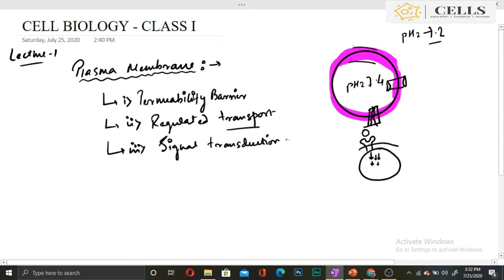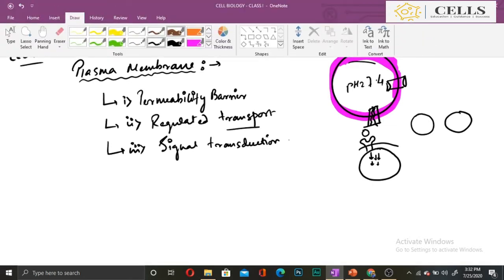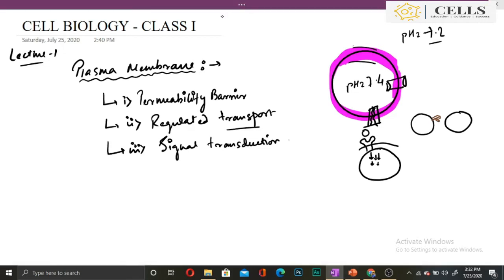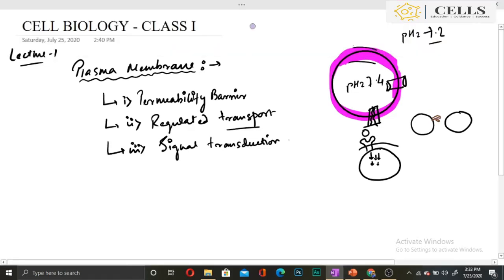Now suppose we have a cell. This is one cell, this is another cell, and this is the plasma membrane, and there are different kinds of cell adhesion molecules present. These cell adhesion molecules interact with the cell adhesion molecules of the other cell like this.